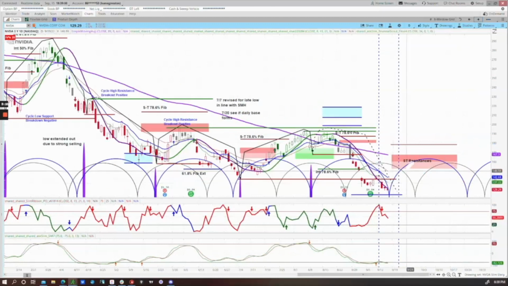Switching quickly over to the daily chart, you can see that we are currently in the daily cycle timing window that's represented by these blue vertical dashed lines. It's a period of time around the ideal cycle low when we expect it to make its low and move up into the rising phase of the next cycle. So that is why Nvidia is found in that section of the cycle low timing tracker.